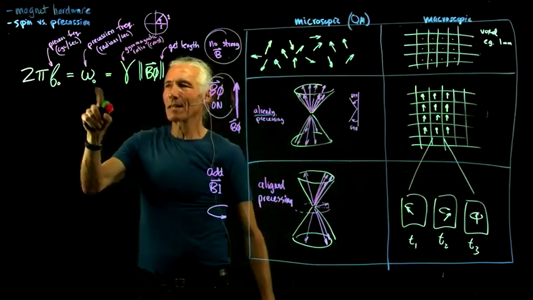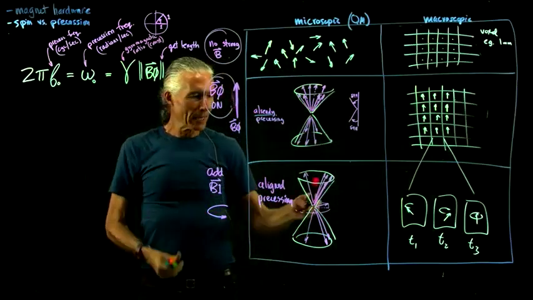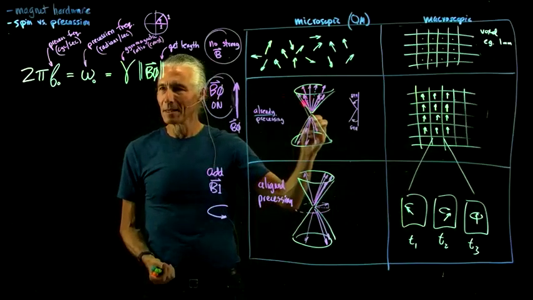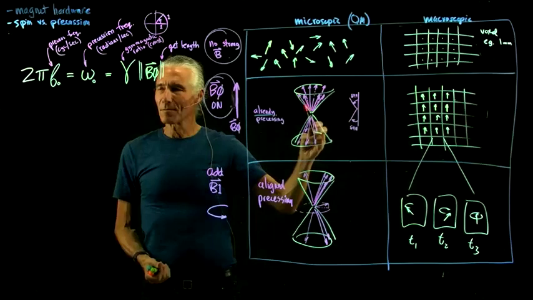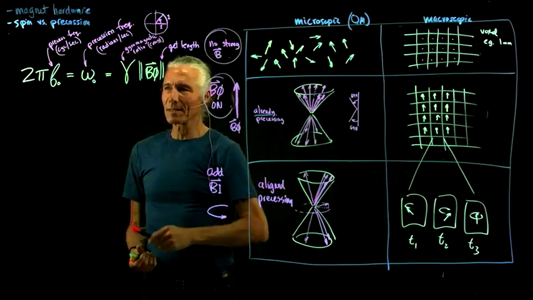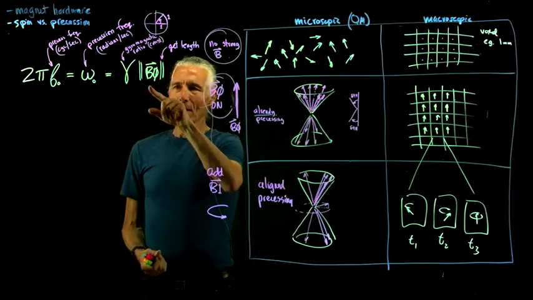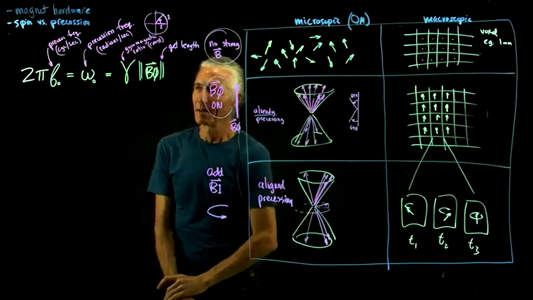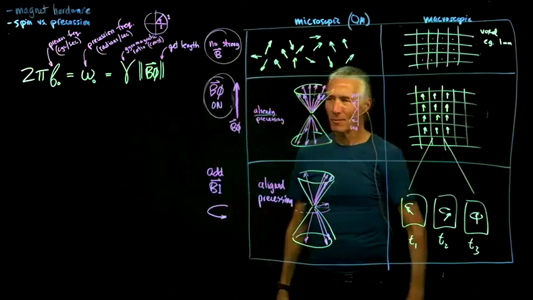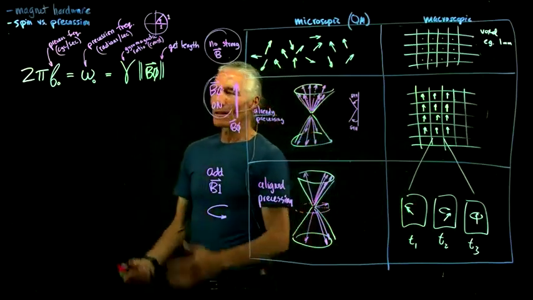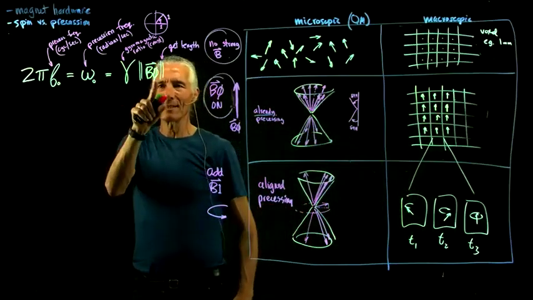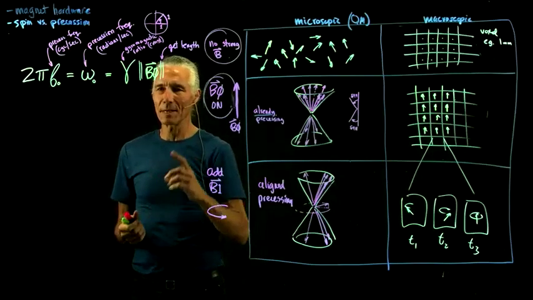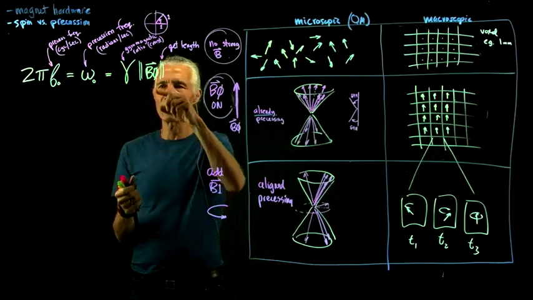It just says that the frequency that this precession occurs at, which is already occurring here but you can't see it, is just proportional to the B0 field. So you up the B0 field, you up the precession frequency. Simple as that. That's an extremely simple equation, and all MRI is based on that. We're changing the B0 field and messing around with the precession frequency. So we instantly change the precession frequency if we change the B0 field.